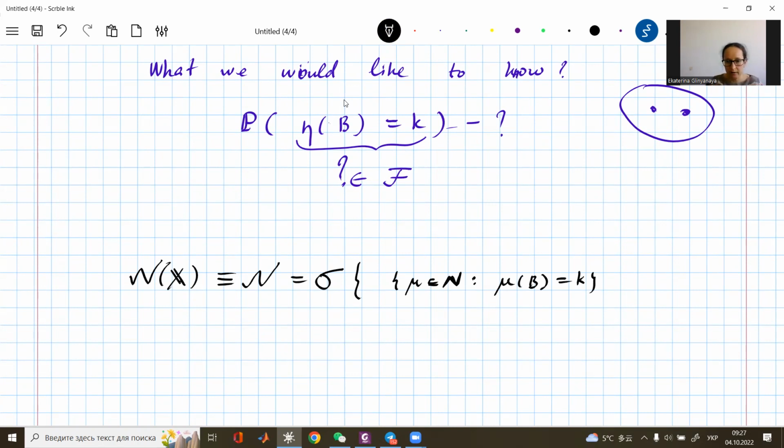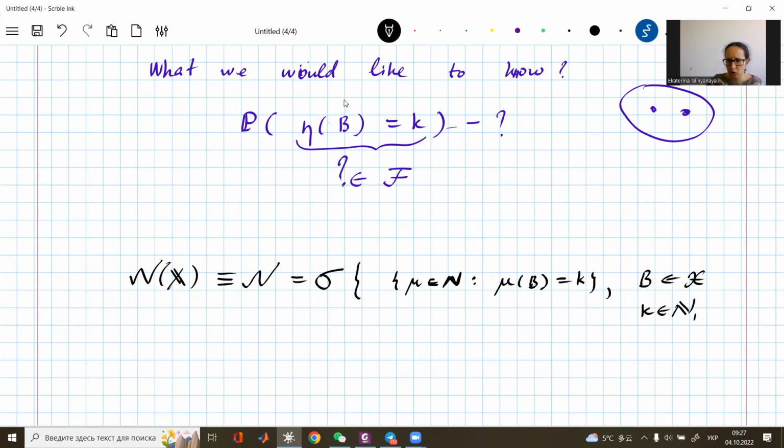Once more, I fix a subset B, I fix a number k, and I consider all measures with this property. Now I can vary the set B in the sigma field of X, and I vary all values k.